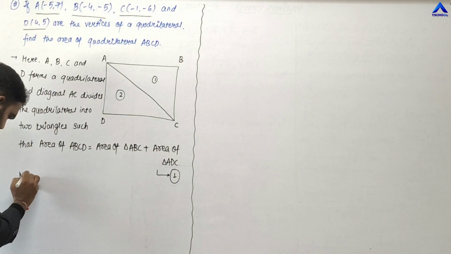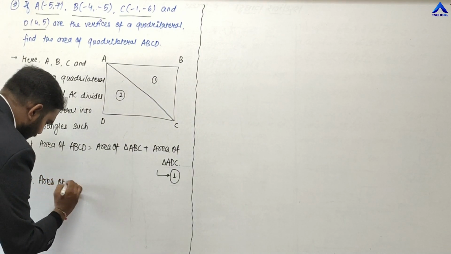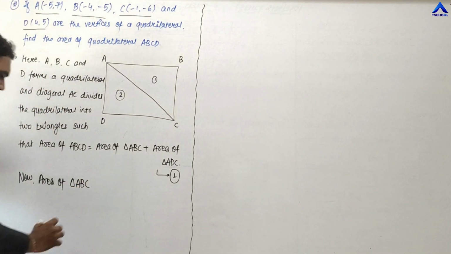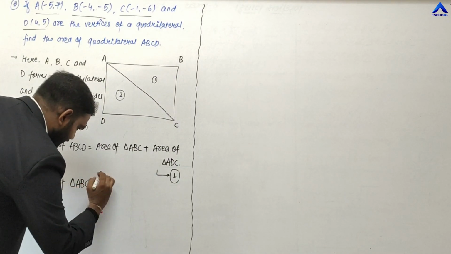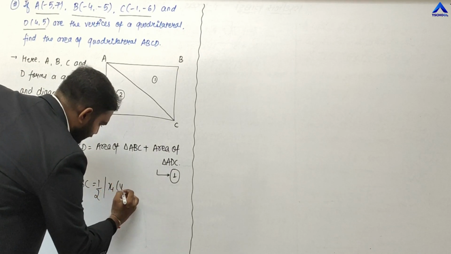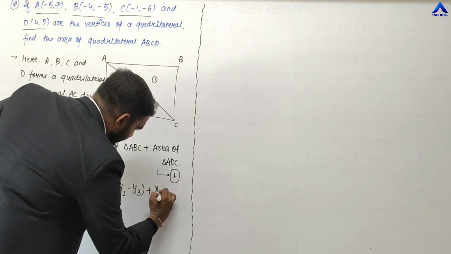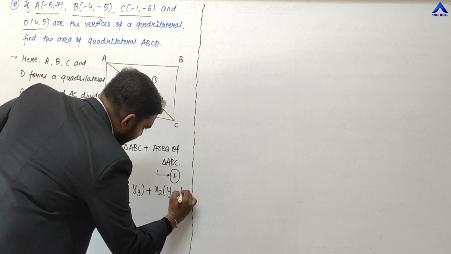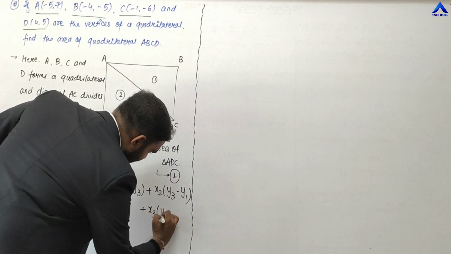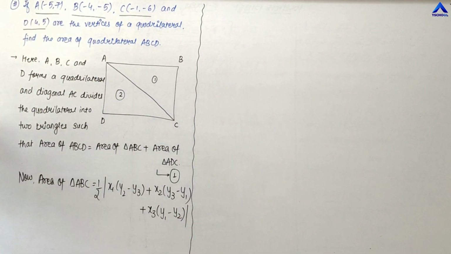Now, area of triangle ABC, that is again given by half modulus x1 into (y2 minus y3) plus x2 into (y3 minus y1) plus x3 into (y1 minus y2).